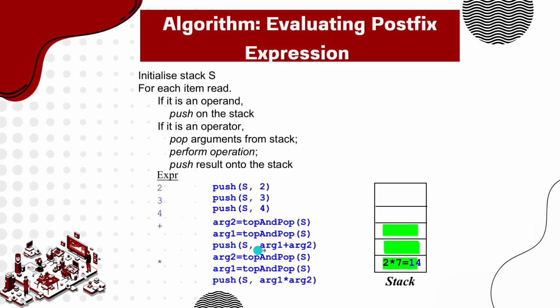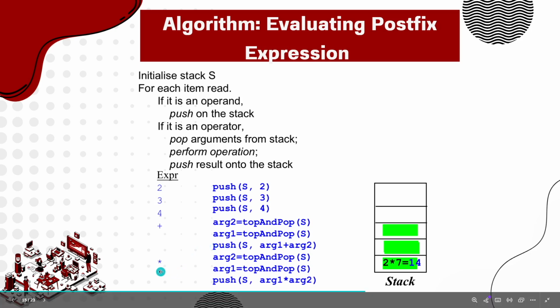Now we perform the operation, which is plus here: 4 plus 3 is 7, and we push the result back onto the stack. At this moment the stack contains just 2 entries: the bottommost element is 2, and on top of it the result 7.